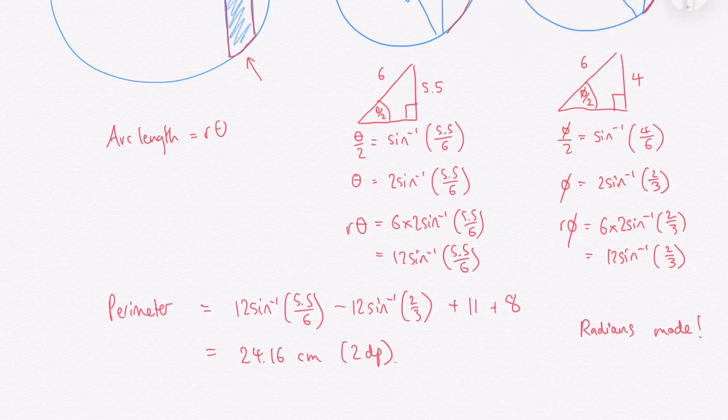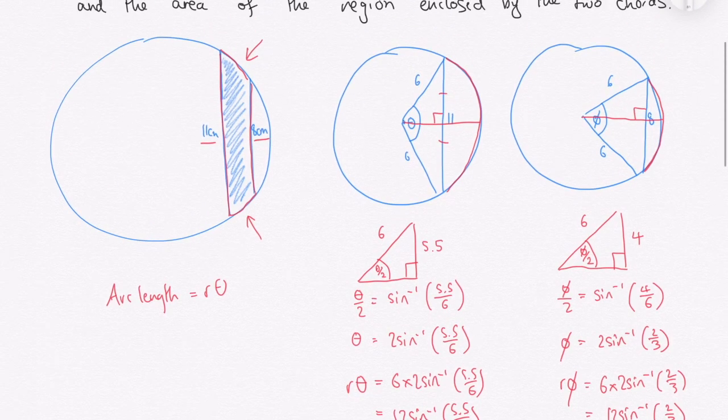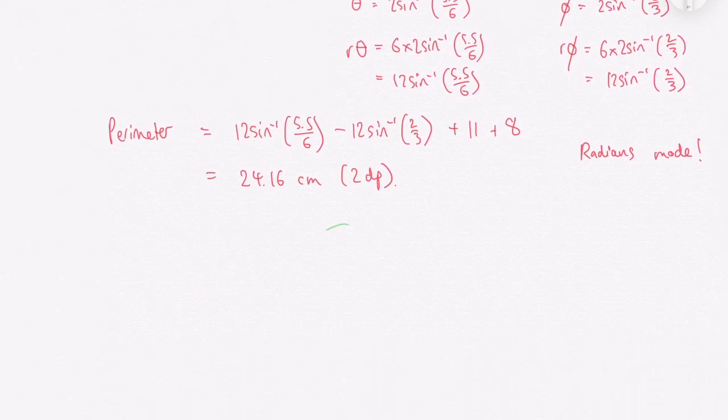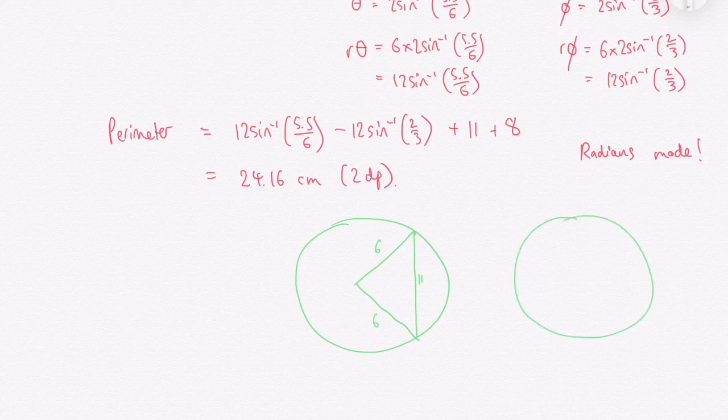We're also asked to find the area here. To do the area, I'm going to do the same thing. I'm going to draw out this circle again with the two chords, and we're going to think about how we might find the area. So we have the larger chord of size 11 with a radius of 6, and the smaller chord of size 8 with a radius of 6.